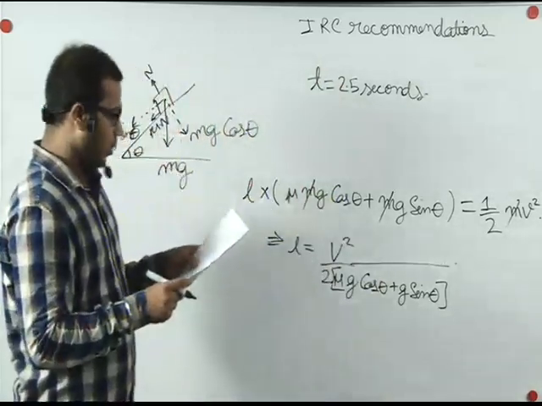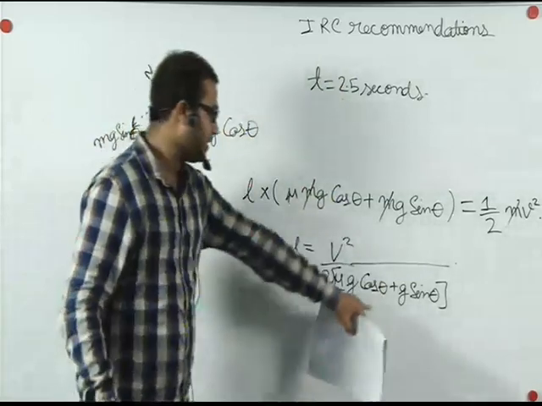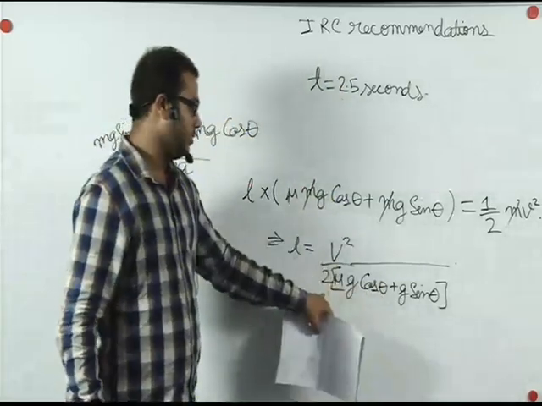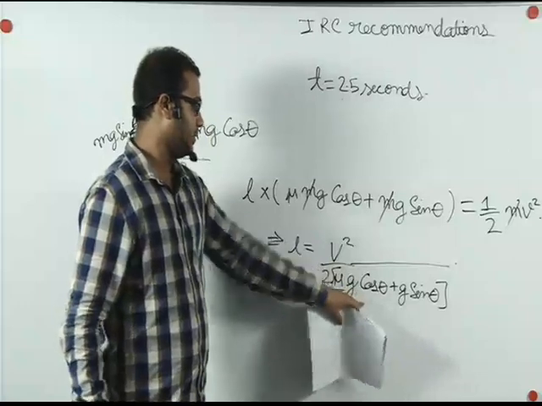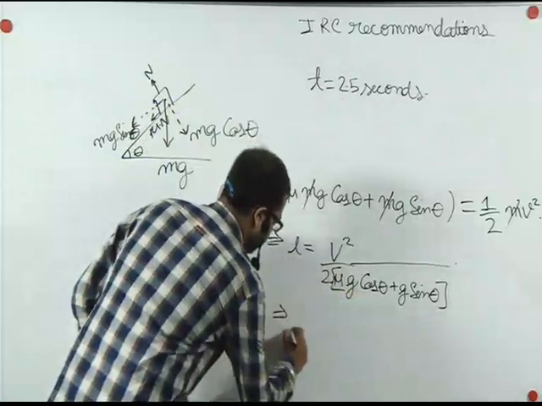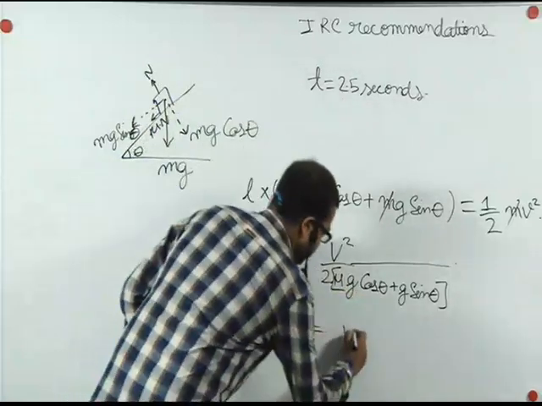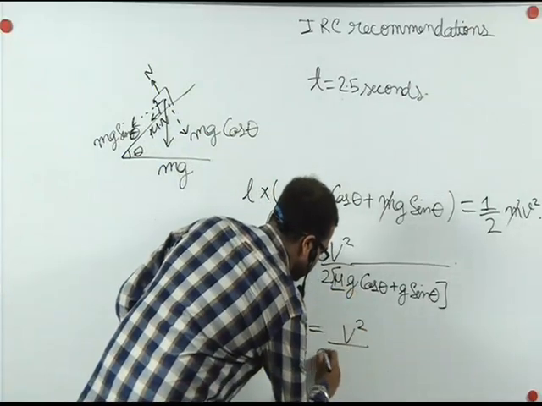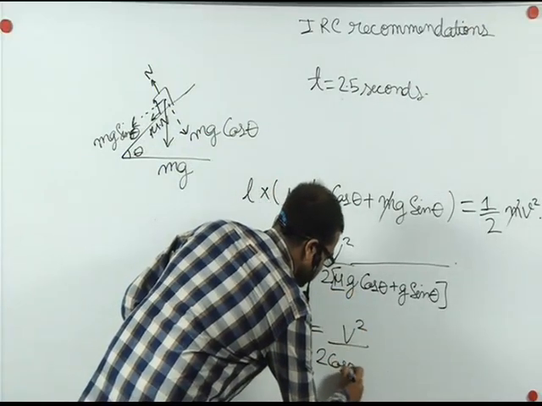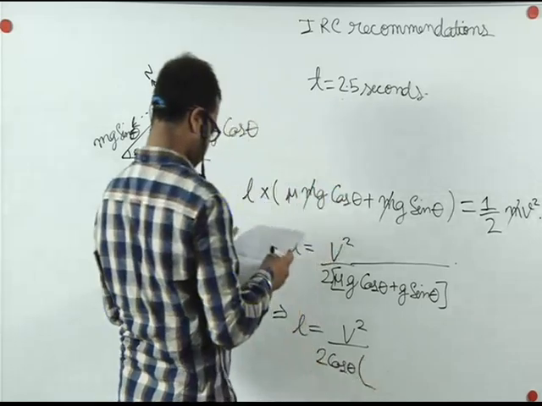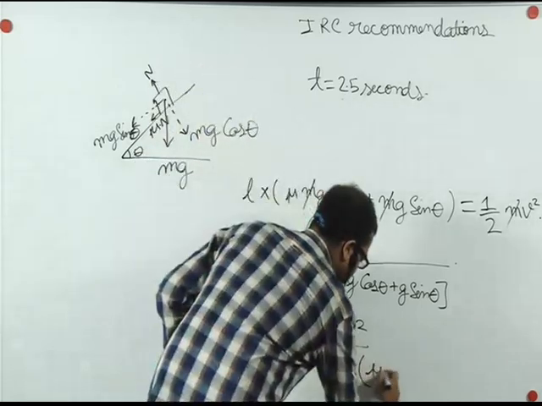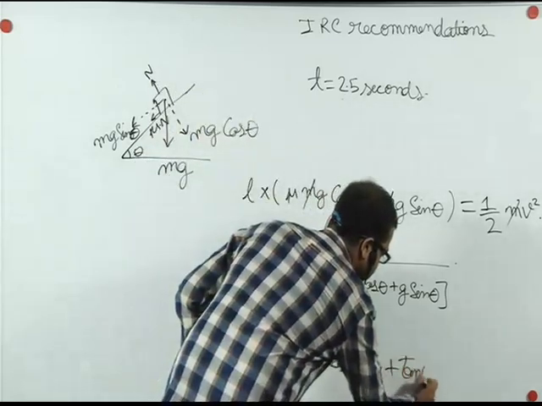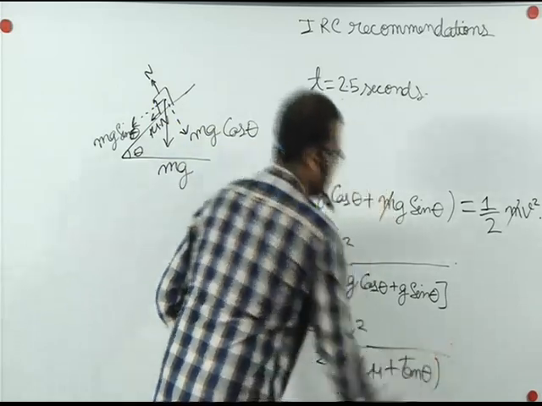We can also take cos theta out of it. So what will remain here? Mu plus tan theta.